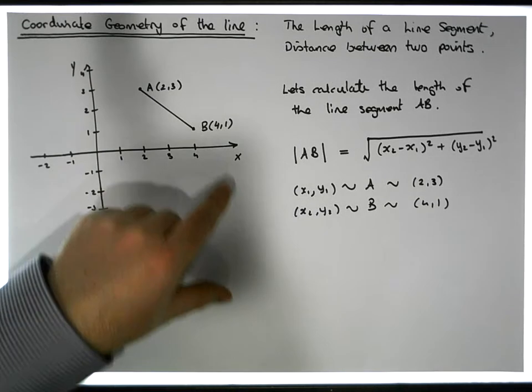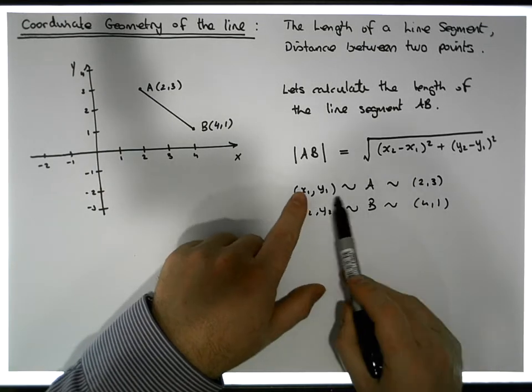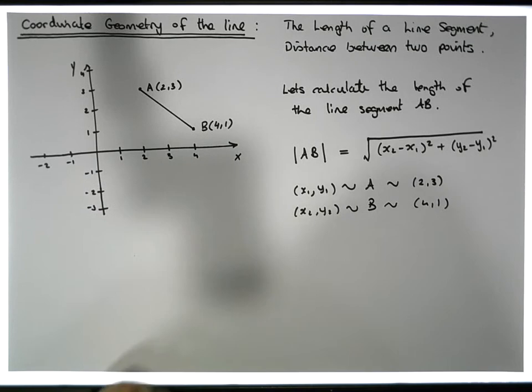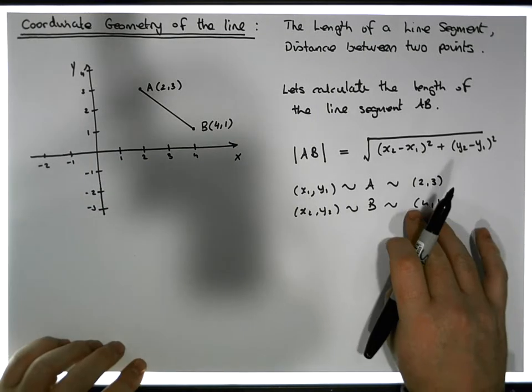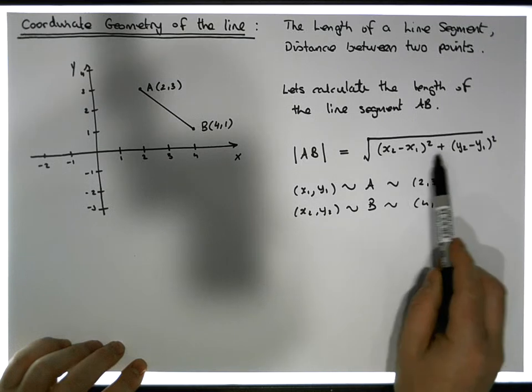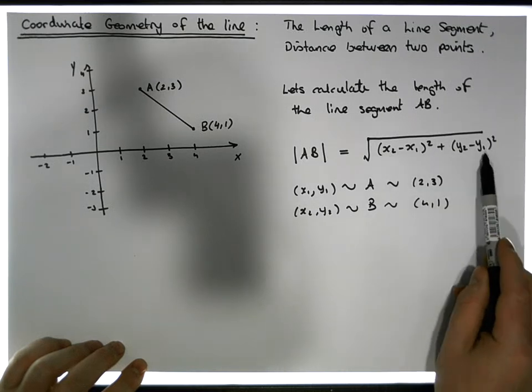So x1 is 2 and y1 is 3, x2 is 4 and y2 is 1. We're just going to replace the x1s, x2s, y1s and y2s with the appropriate values.